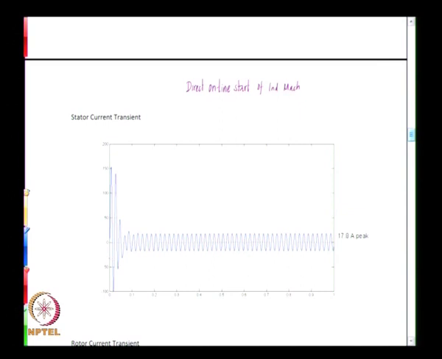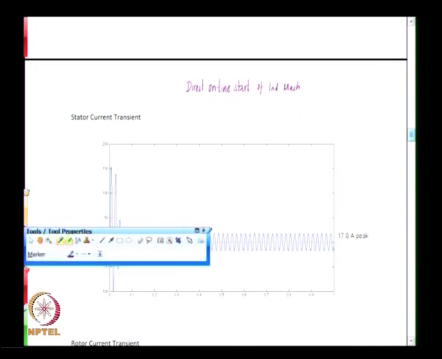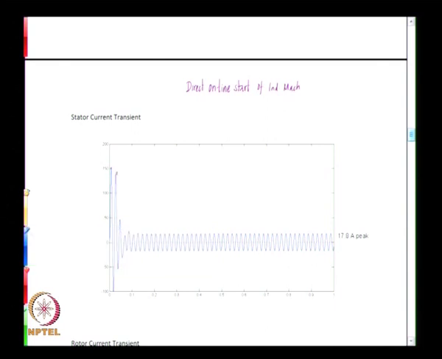That is what we are trying to see here. So you have initially very high inrush currents that are drawn. Again we see that the current reaches a level at the steady state of 17.8 ampere peak, whereas the initial inrush is 150 ampere peak, almost equal to 9 to 10 times the loaded steady state current that is flowing.